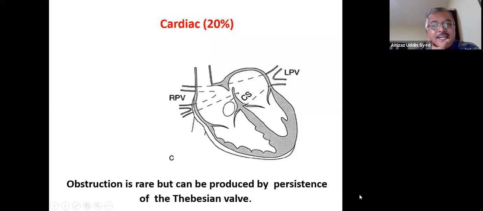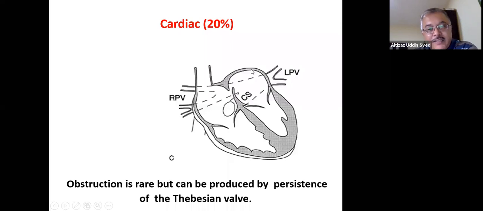Now, when they are cardiac, they have to join a confluence. When we are talking about total anomalous pulmonary venous return, all the right and left veins join together, and this confluence goes to the coronary sinus.